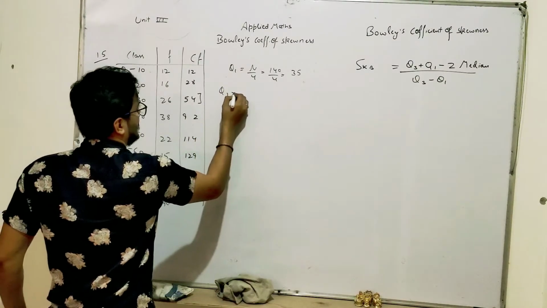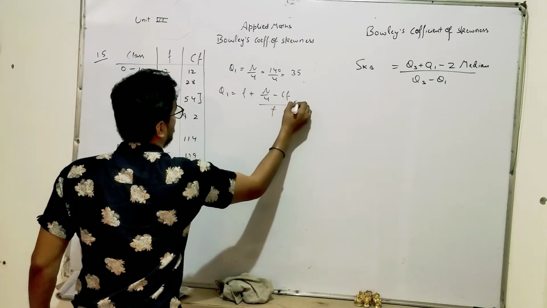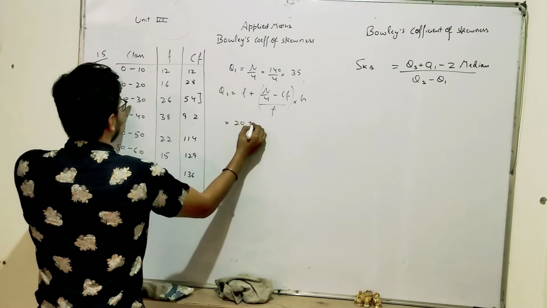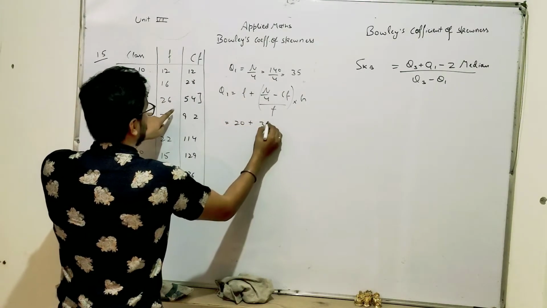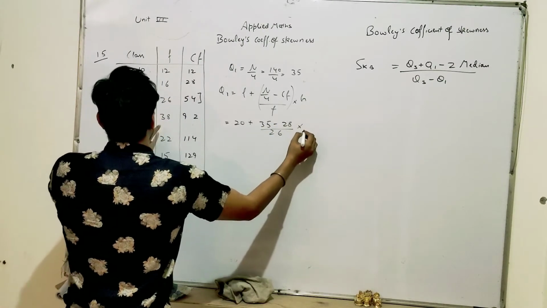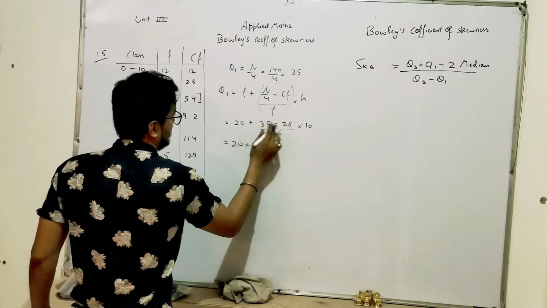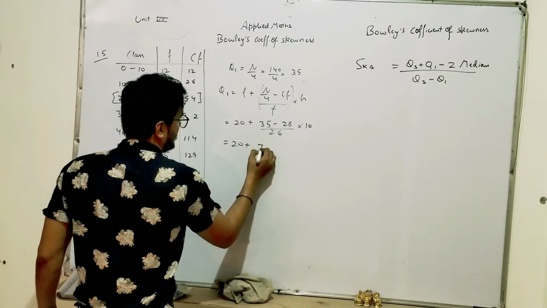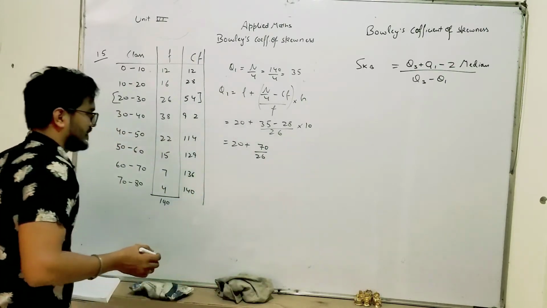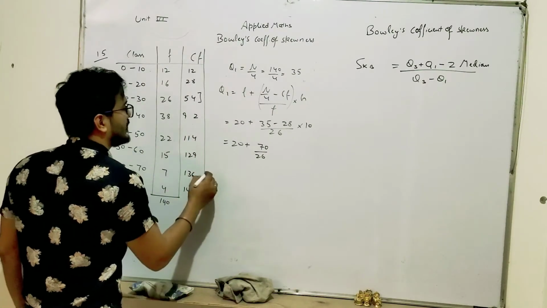Q1 is equal to L plus n by 4 minus CF upon F multiplied by H. So L value is 20, plus n by 4 is 35 minus CF is 28, upon F is 26, multiplied by H value 10. So 20 plus 35 minus 28 is 7, so 70 upon 26. We'll calculate its value later on.